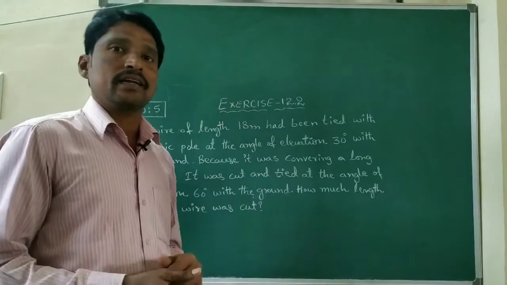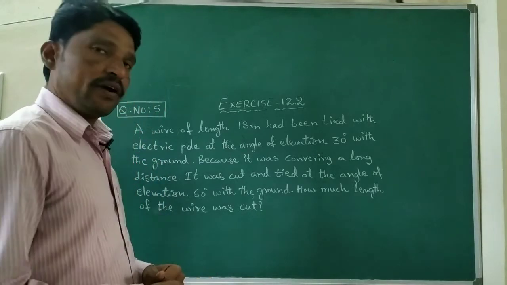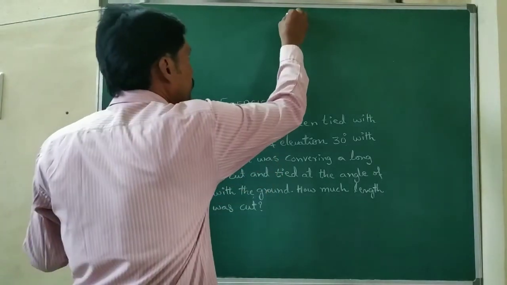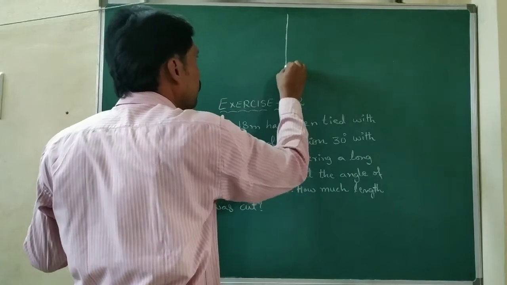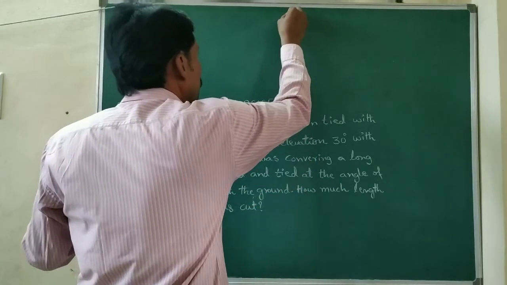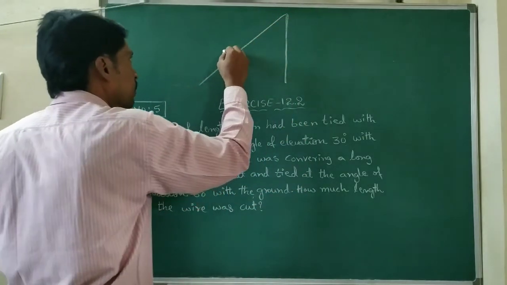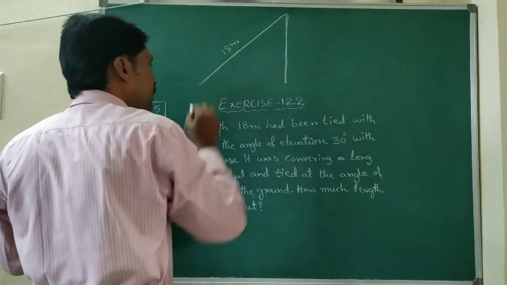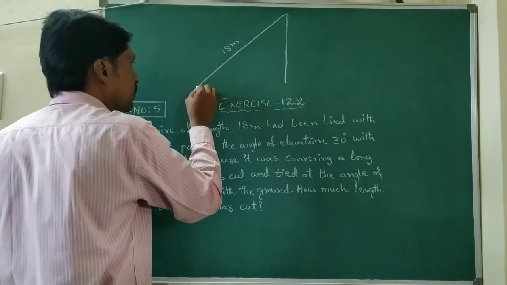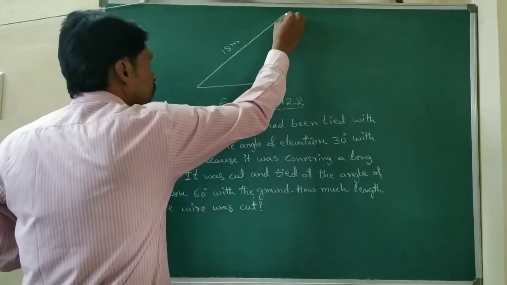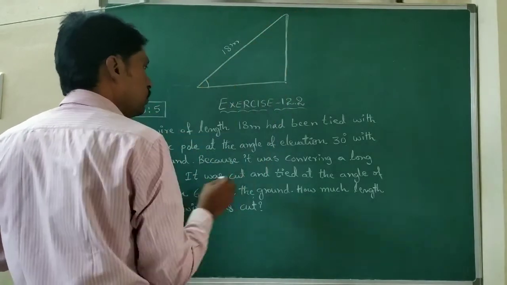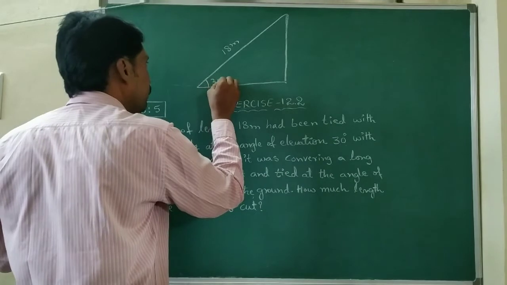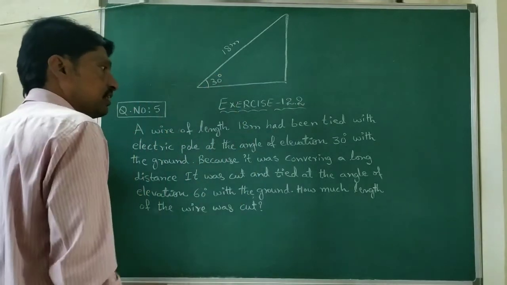We need to find how much of the wire they cut. Here this is the electric pole, and this is the wire of length 18 meters. It is making an elevation angle of 30 degrees with the top of the pole.